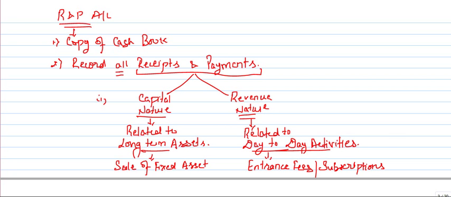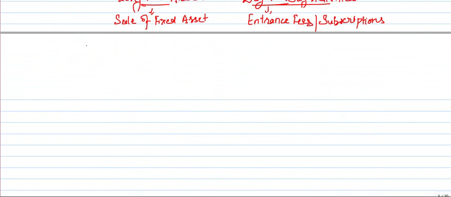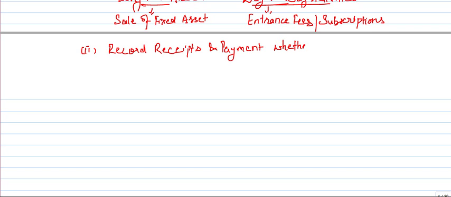The second reason why this word all has been used is, it says in the receipt and payment account you have to record receipts and payments, right, whether they belong to the current period or not.